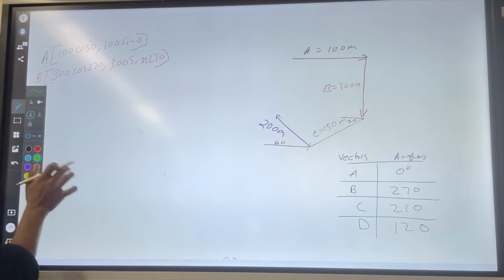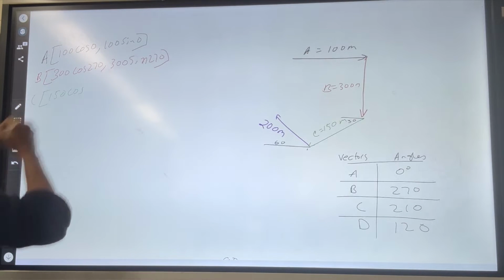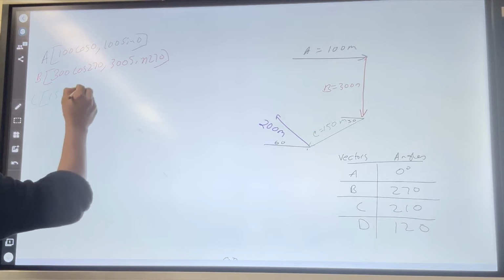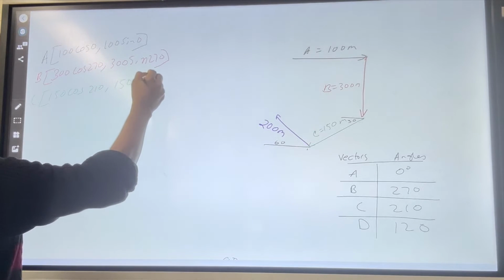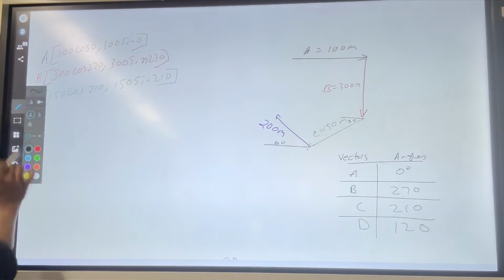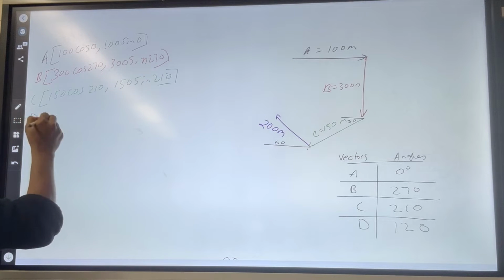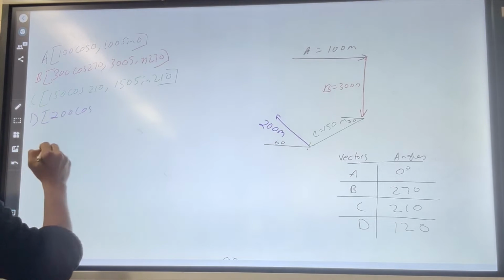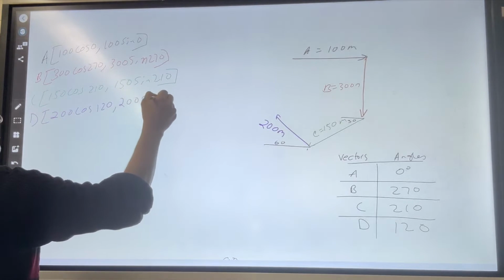Vector C: 150 cosine 210, 150 sine 210. Vector D: 200 cosine 120, 200 sine 120.